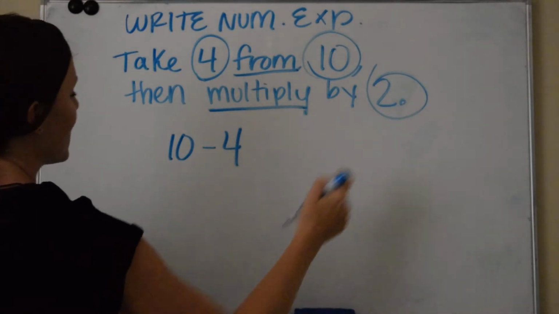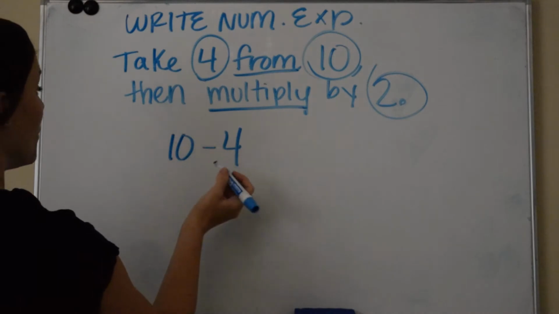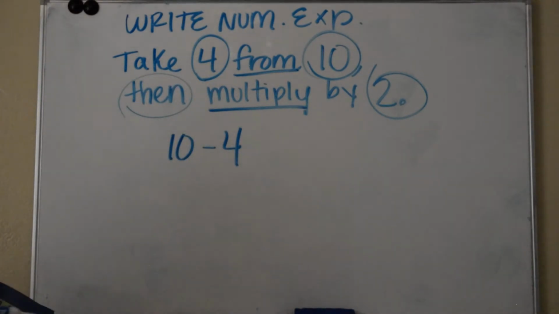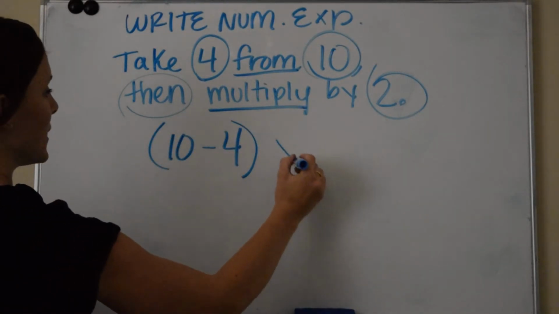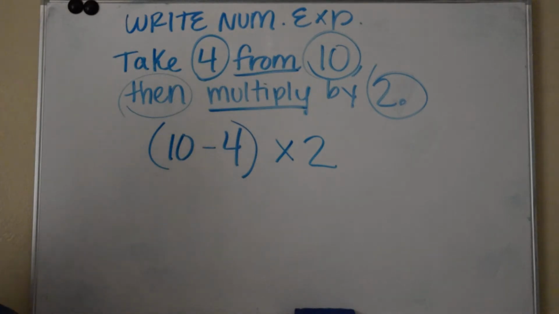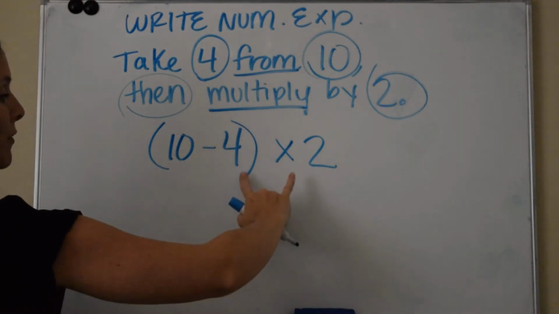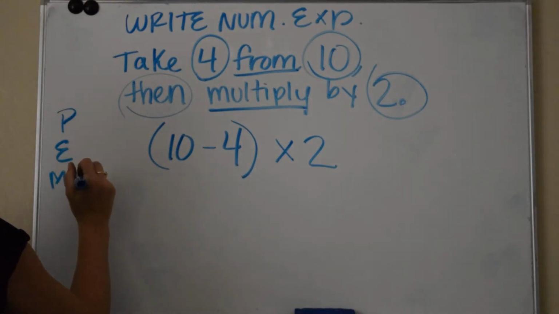Then multiply by 2. Well, they want us to multiply it by 2, and they want you to do that last. So make sure that this gets put in parentheses and then multiply it by 2. Because if I didn't have my parentheses, you would have to do 4 times 2 first based on order of operations.